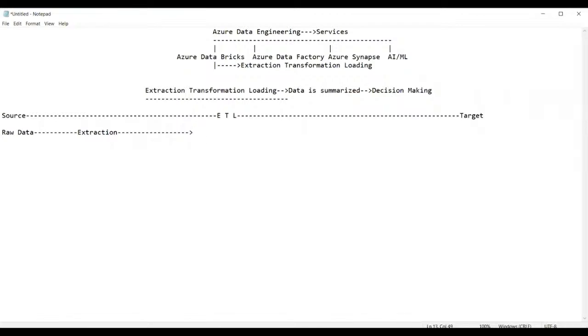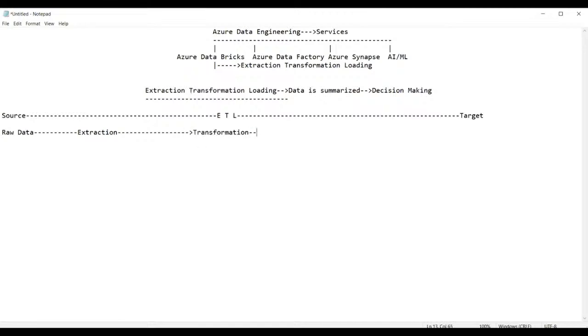After the process of extraction is done, the process of transformation is implemented. Transformation is the actual process where the data is converted into the format required by the customer.